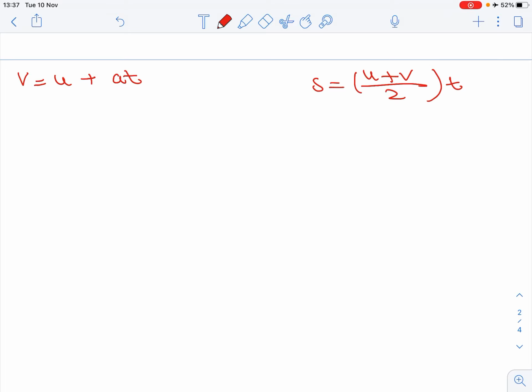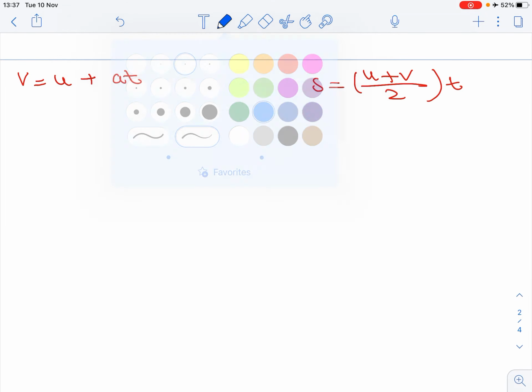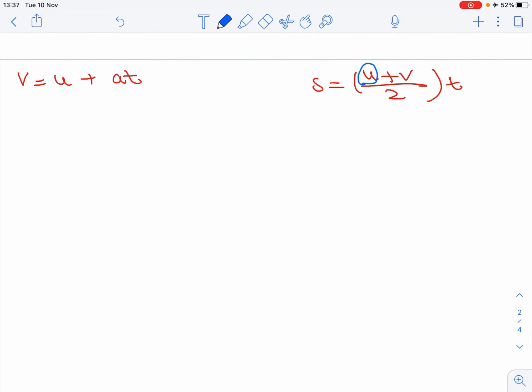In this case, we're not given the value of u, the initial velocity, but we want to find out the displacement s. So we need to rearrange our equation to make u the subject. Basically, v minus at equals u. So we're going to substitute this into our equation.